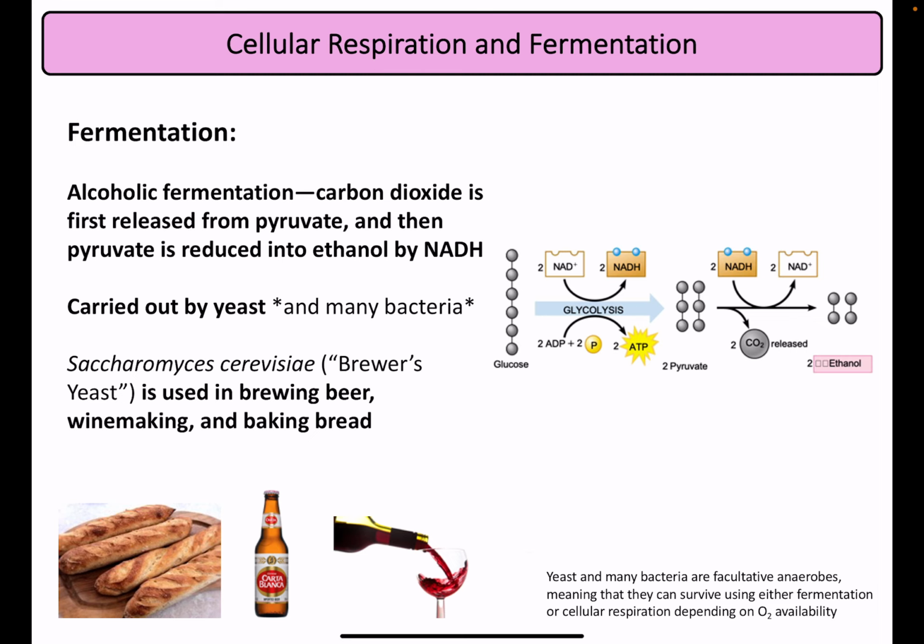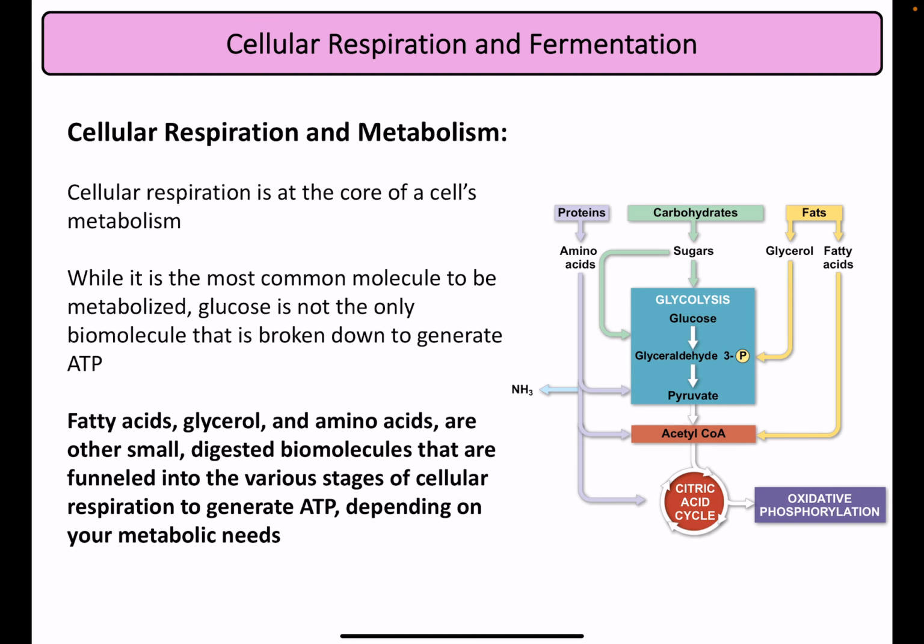But the interesting thing I want to point out is that they can do either fermentation or cellular respiration depending on the environment that they're in. So in a brewery, they're forcing the yeast to undergo fermentation. They're purposely depriving them, suffocating the yeast, forcing them to undergo fermentation so that they produce CO2 and alcohol. But if there's oxygen around, those yeasts can do cellular respiration just like us.